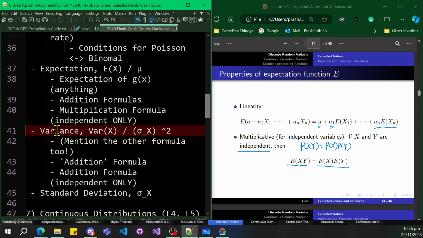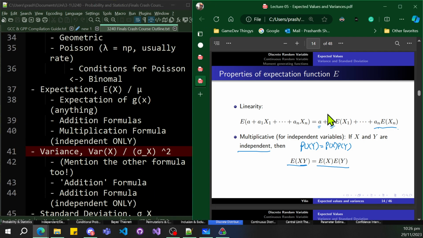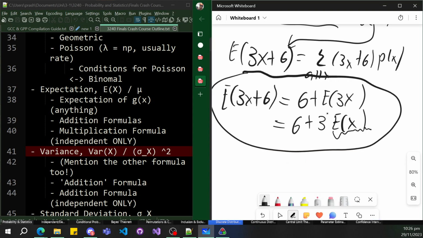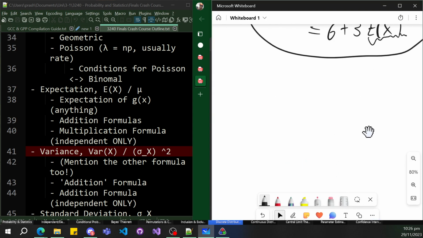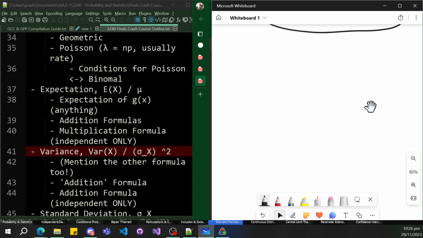Next up is variance. For variance, expectation and variance are like twins, I guess. They mean different things about your data. So an expectation is what's the average, what's the mean value that you're going to get. In our dice example above, if I calculated the example, it would have been like 0 point something.